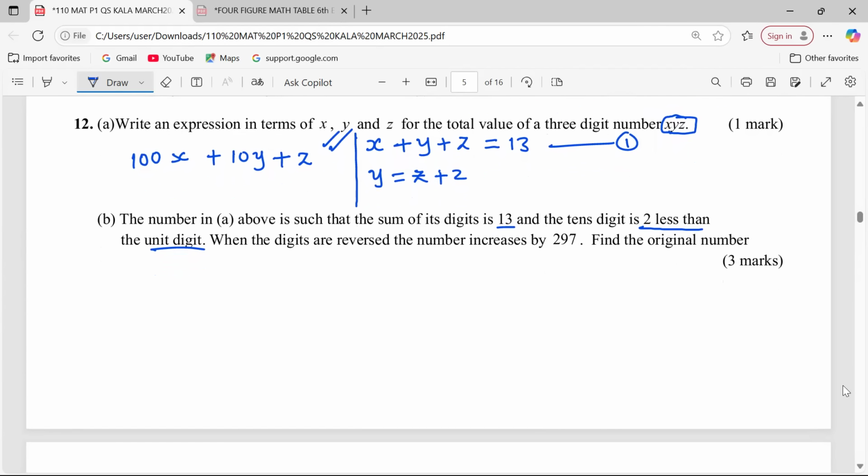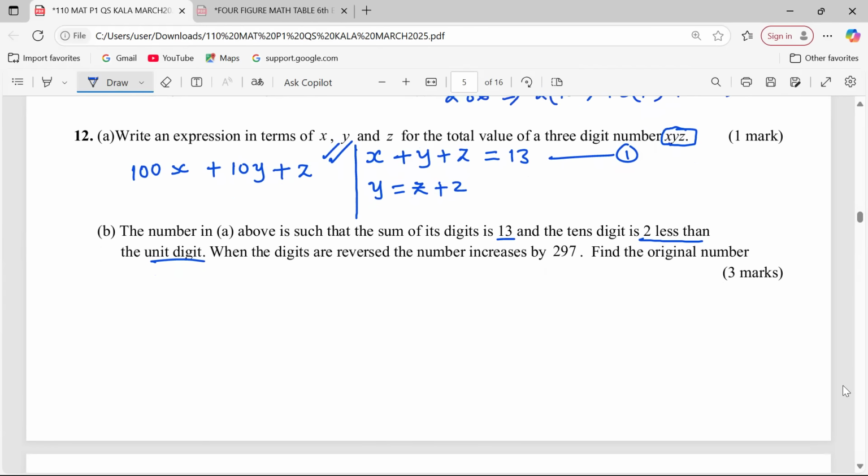Which means again that Y can be replaced with Z because they are related. So equation 1 can be rewritten from that particular statement, such that instead of Y we have Z plus 2, then plus the other Z equals 13.